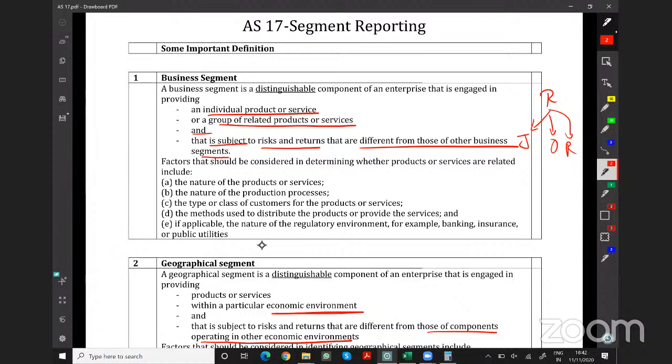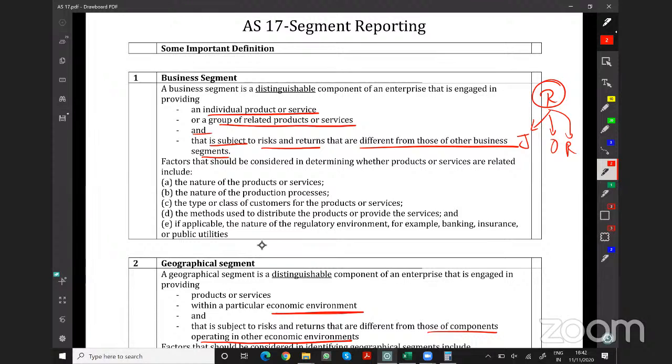So Reliance is in these 3 segments, and these 3 will be termed as their business segments. Normally Reliance should present a profit and loss account for all the 3 segments combined. But Reliance should also present a profit and loss account for Jio, for retail, and for oil as well.